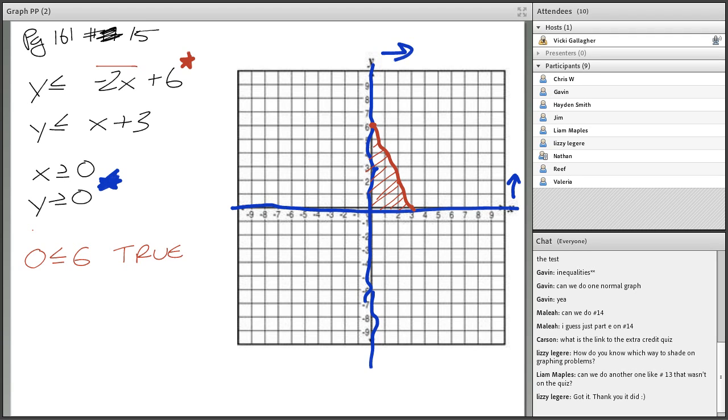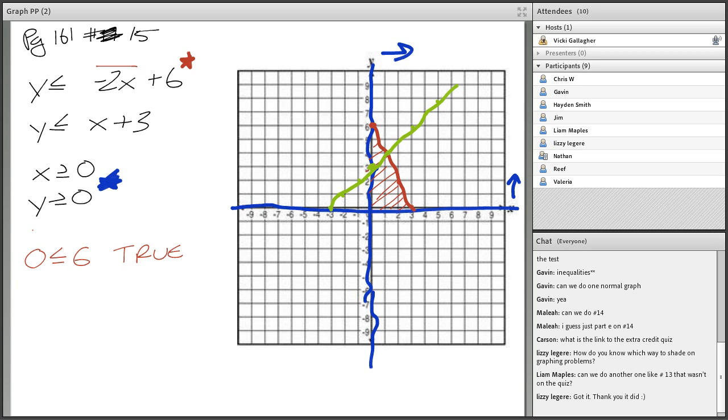All right, I'm ready to graph my second line. My second line starts at the 3, and it has a slope of positive 1 over 1. So I'm going to go up 1 like this. I'm going to go ahead and go this way too because it looks kind of weird to me. That's also a solid line.